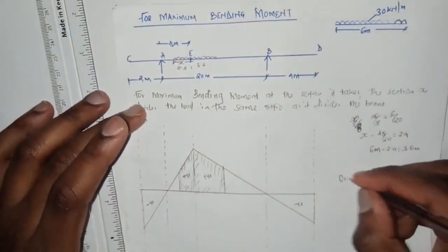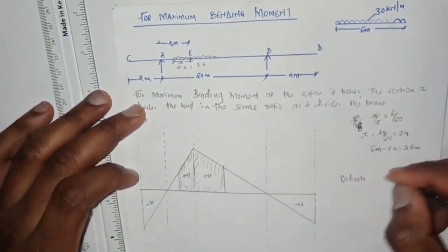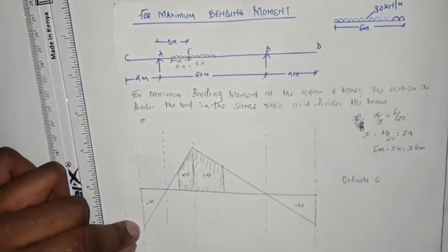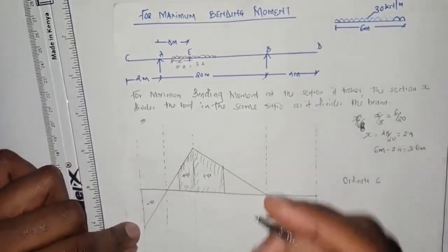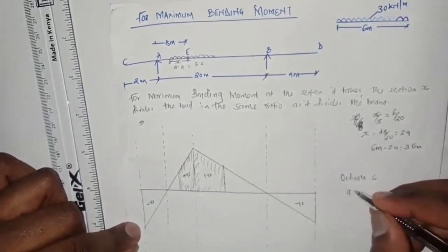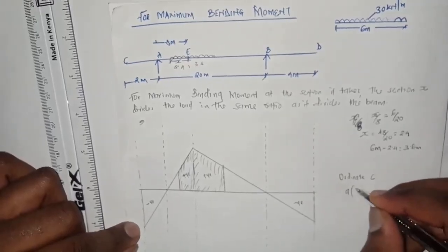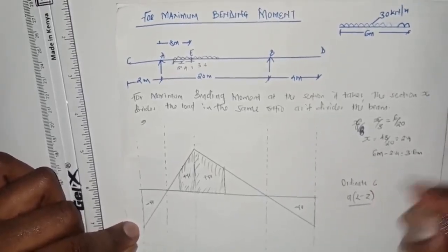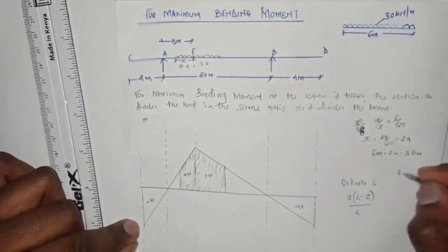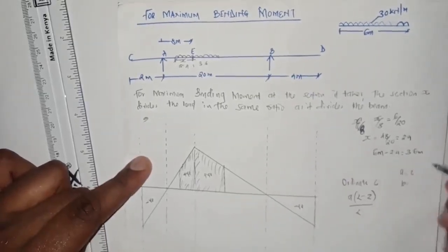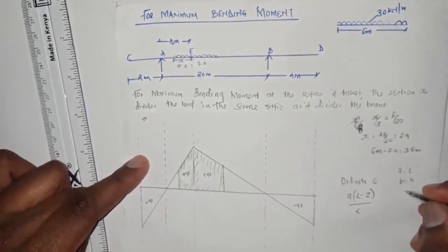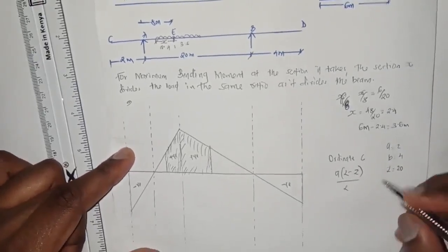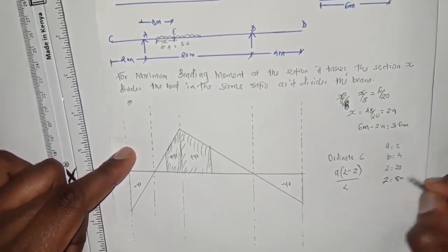So our ordinates at point C is going to be A into L minus Z into L. A equals 2, B equals 4, and L equals 20, whereas Z equals 8 meters.